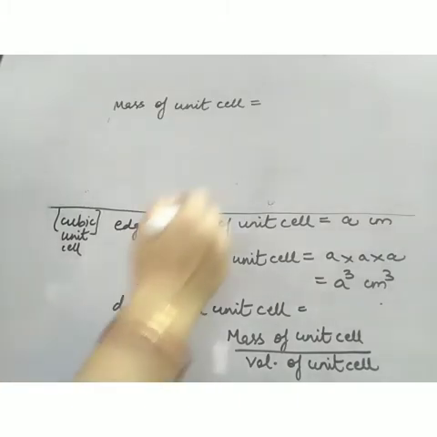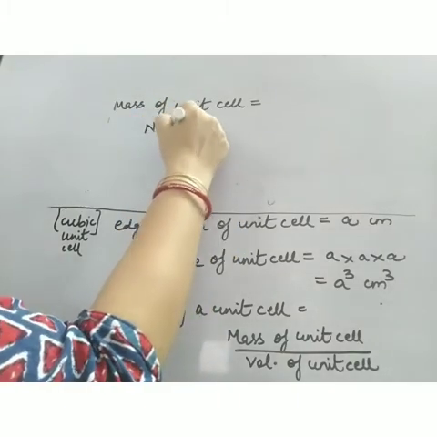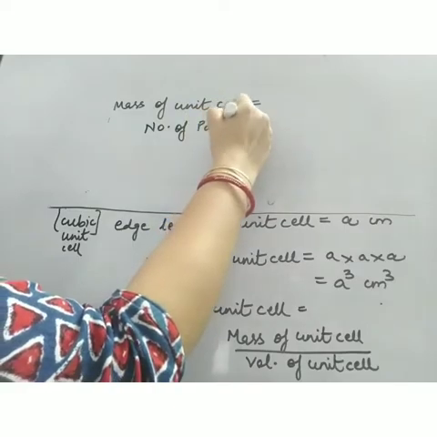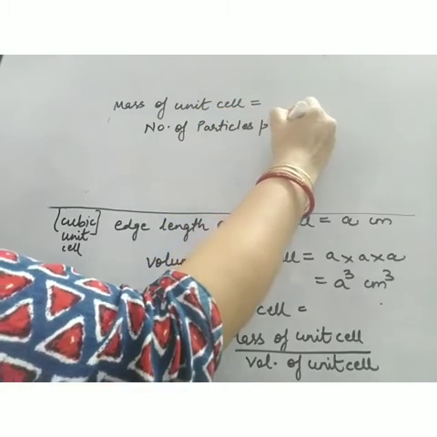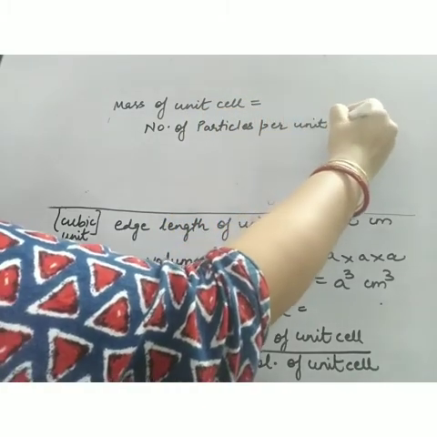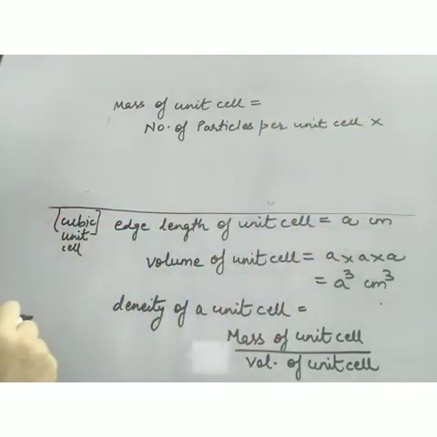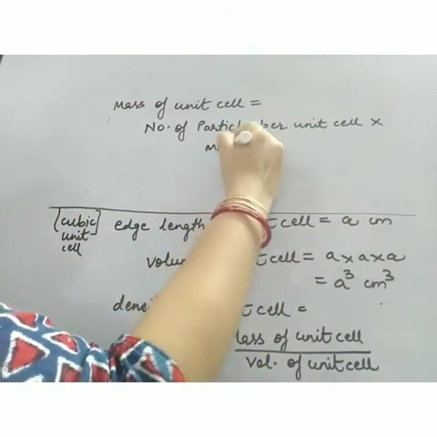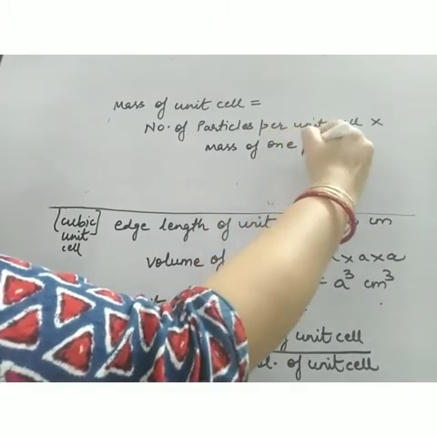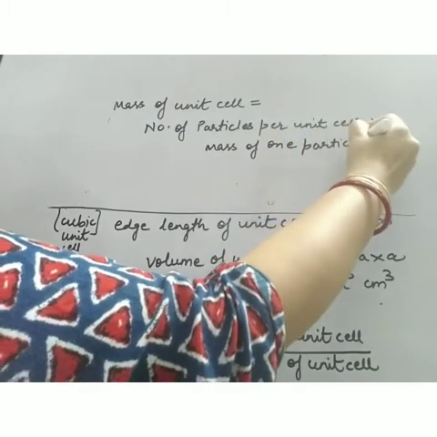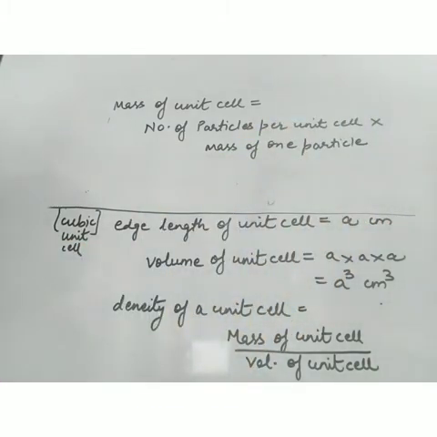So mass of unit cell is equal to number of particles per unit cell multiplied by mass of one particle. Now this particle can be an atom, molecule or ion.